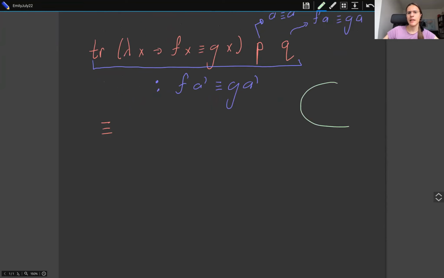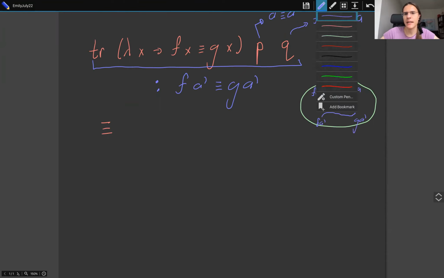So thinking about it like this, we have here f of a to g of a. And here, I guess I don't need to write parentheses, f of a prime to g of a prime. And there are paths connecting these.